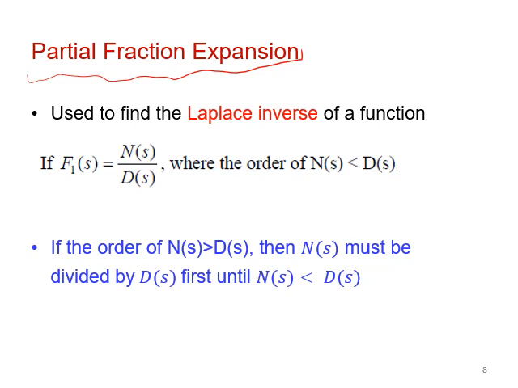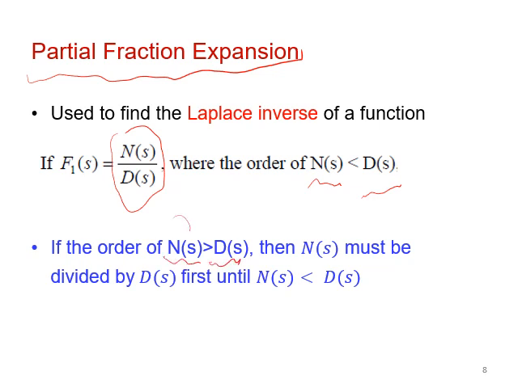So if a function F1(s) is given as N(s) over D(s) as seen here, or numerator over denominator, if we find that N(s) is smaller than D(s), then we can calculate the Laplace inverse directly. What will be the situation if N(s) is greater than D(s)?